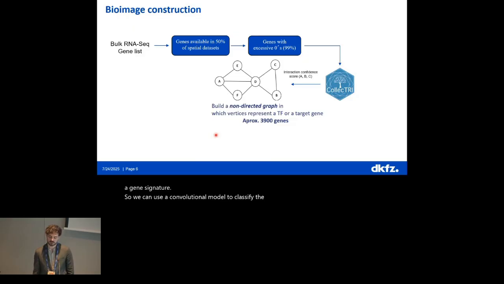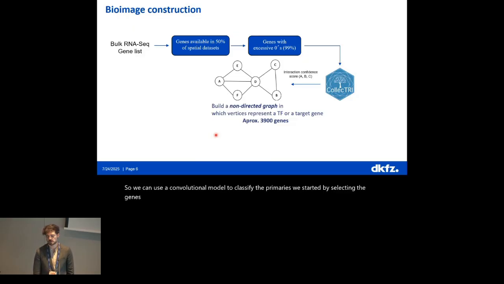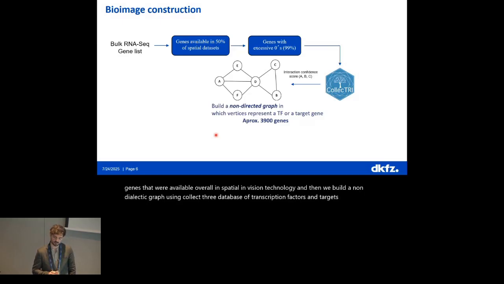We started by selecting the genes that were available overall in spatial Visium technology. And then we built an undirected graph using the CollecTRI database of transcription factors and targets. We focused first on transcription factors with at least 2 targets.